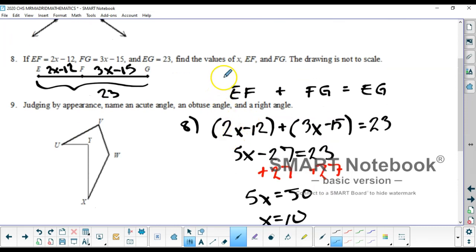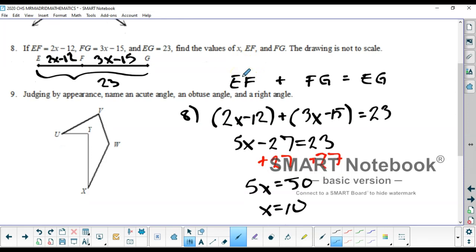And they wanted what? x, EF, and FG. Okay, so x is 10.